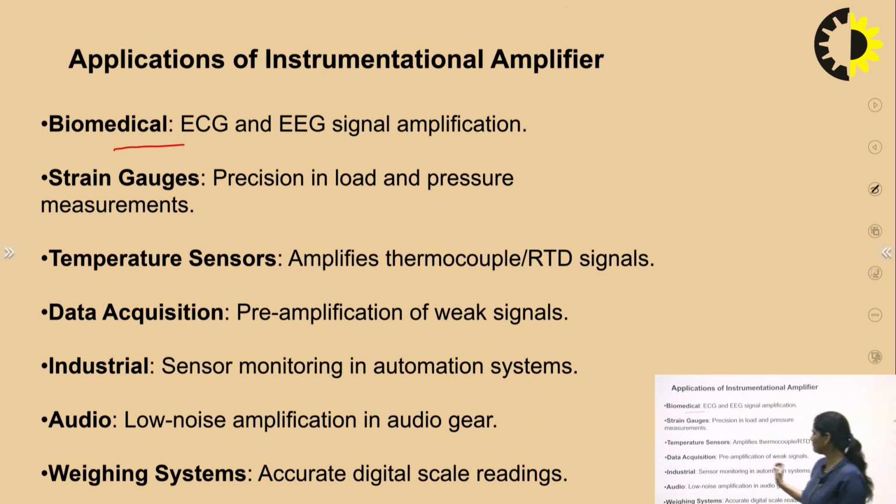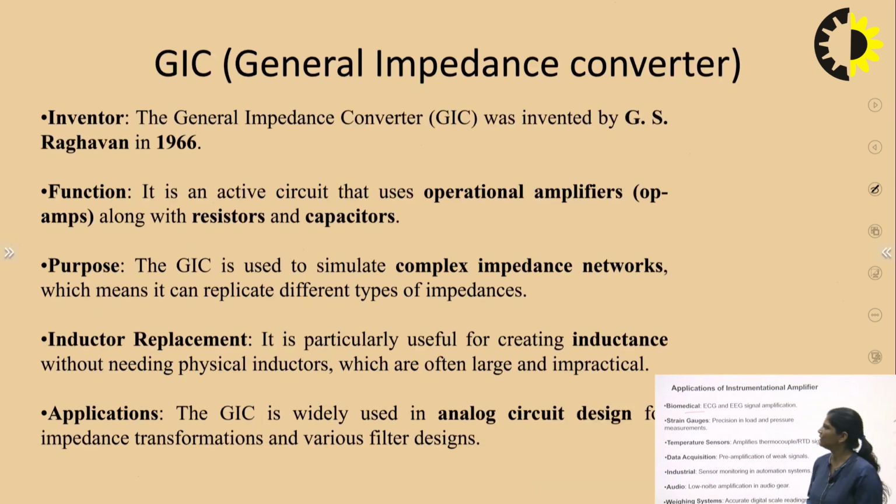Then industrial purposes, sensor monitoring in automation systems. It is also used in audio signals, low noise amplification in audio gear. The last is weighing systems, for accurate digital scale readings. Many more applications are there for instrumentation amplifiers.